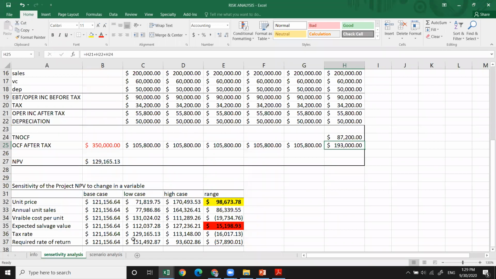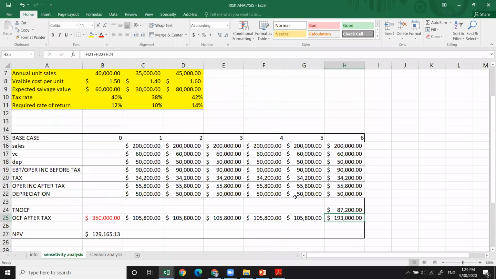Okay. And the last part, what I'm treating is the required rate of return. But in order to do that, I have to return everything back. Should bring the tax rate back. Okay.